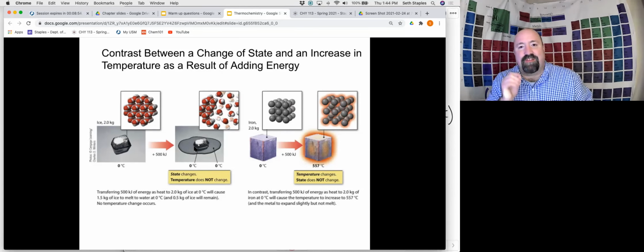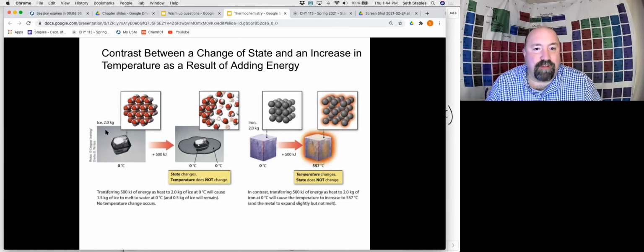But the key thing to recognize is that during a phase change, when something is melting or vaporizing, turning from a liquid to a gas, the temperature does not change.